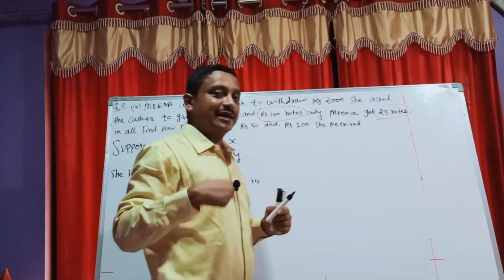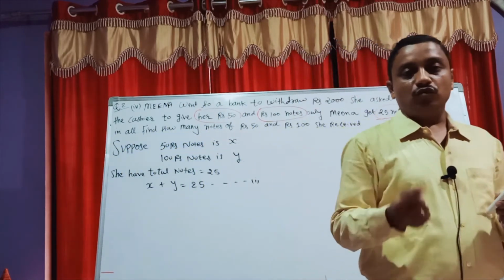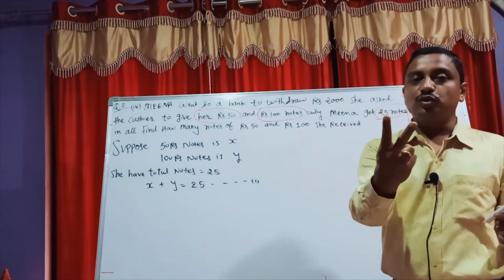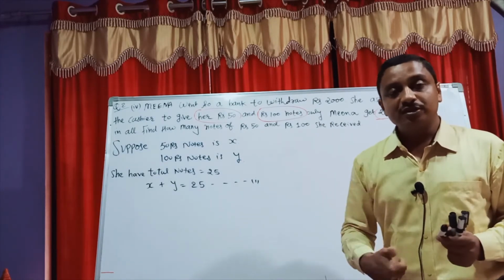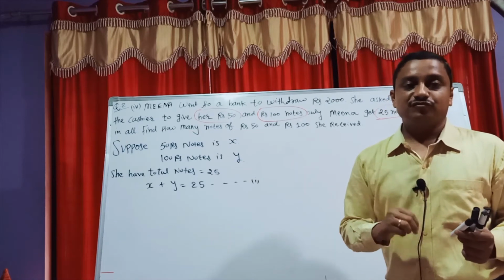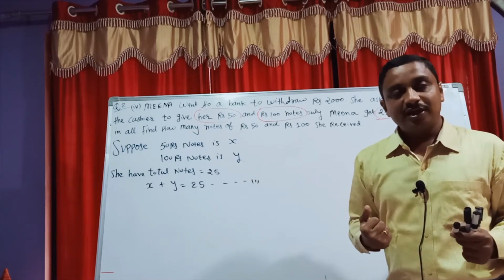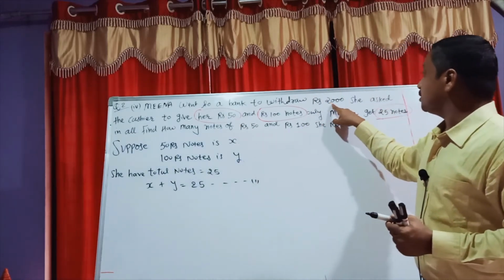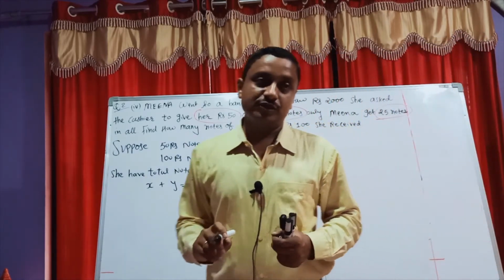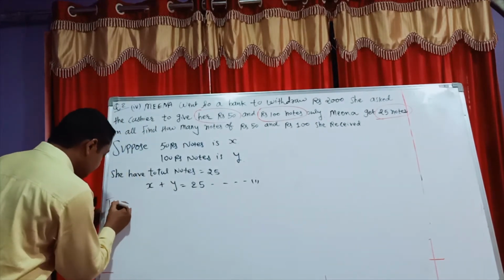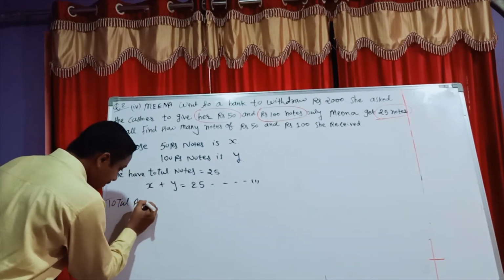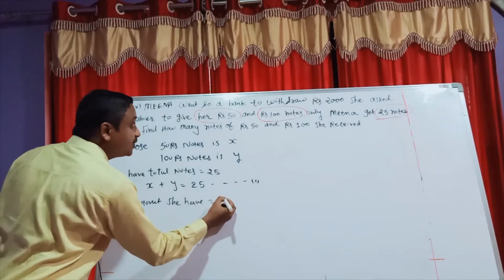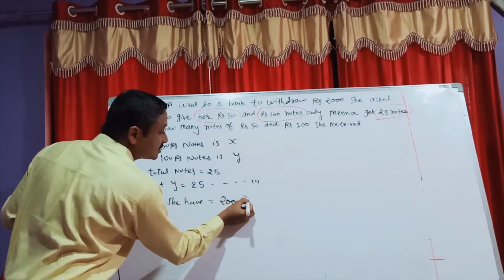Now students, we translate notes into rupees. One note of 50 rupees gives 50 rupees. But two notes of 50 rupees give 100 rupees. Three notes give 50, 50, 50, three times. It means 150. It means you multiply them. And how much amount does she have? 2000 rupees. So total amount she has is equal to 2000 rupees.